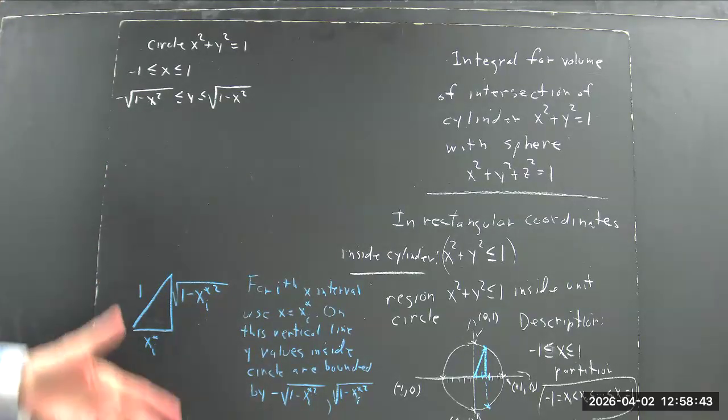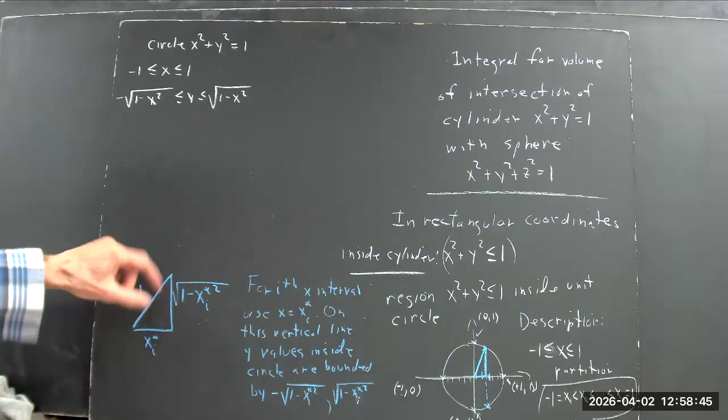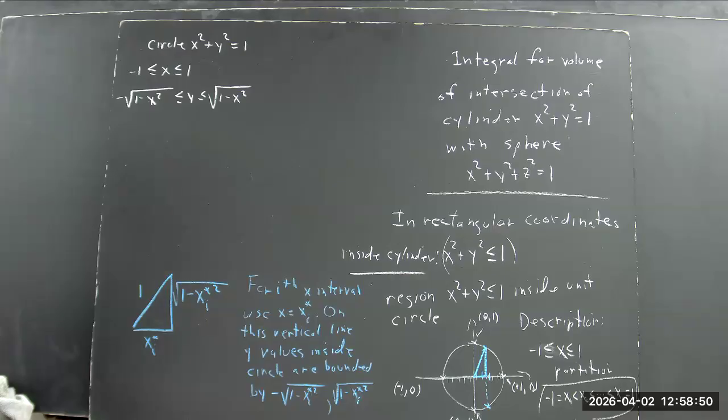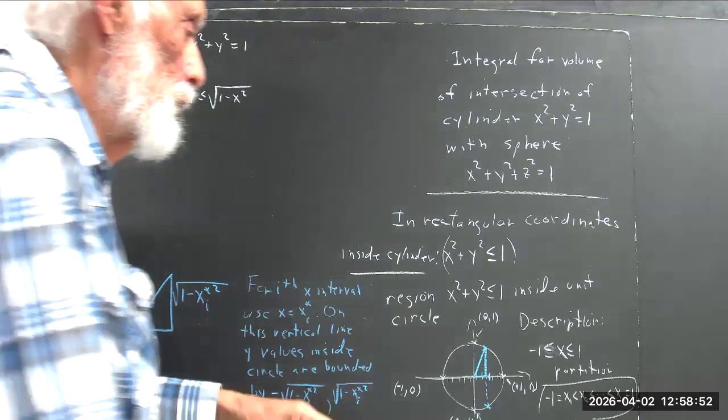On the ith interval, you're going to have an upper limit of square root of 1 minus xi star squared.